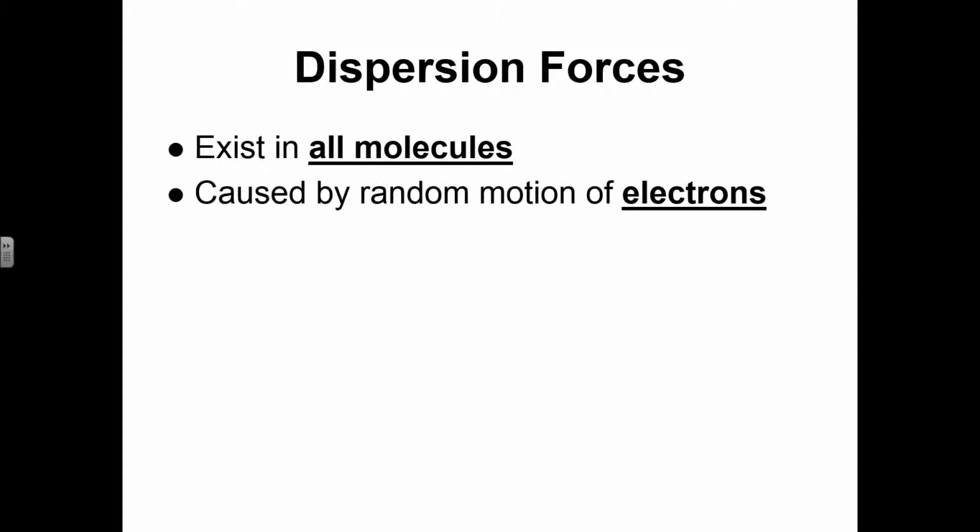Alright, let's go into these a little bit more in detail. So, dispersion forces. Like I said, they exist in all molecules. How can this be? Well, even if something is sharing electrons completely, there's still random motion of electrons. So, if you've got an H2 molecule, for example, one hydrogen for a slight moment in time might have a little bit more of the electron cloud on one side of the molecule, giving it a very slight partial negative.